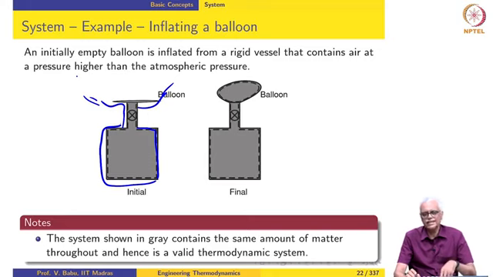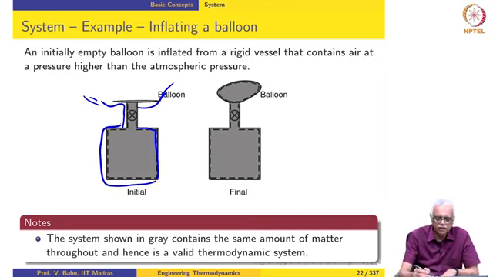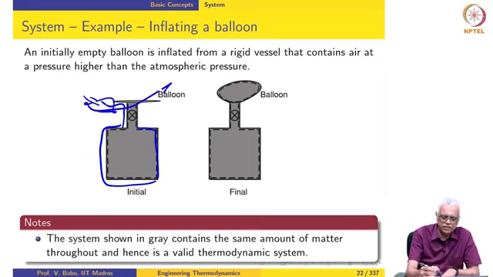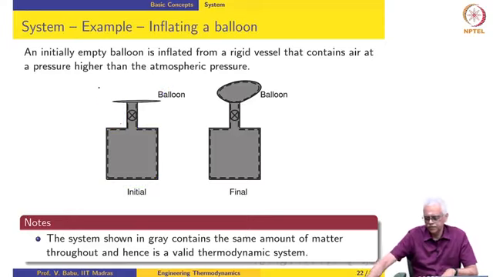Again, if additional details are required, then it may not be possible to evaluate those with this system, but I would just like to point out that this is also a valid system. If you want to calculate only the work interaction, this actually probably is a good choice as well. Okay, let's try a slightly different variation of this example and then see how things change.